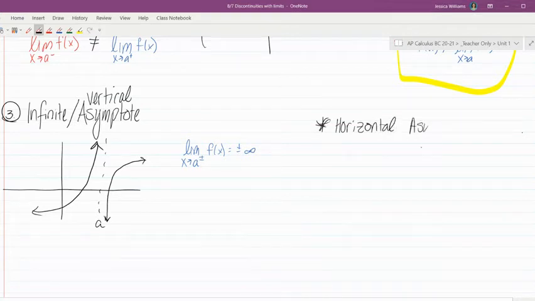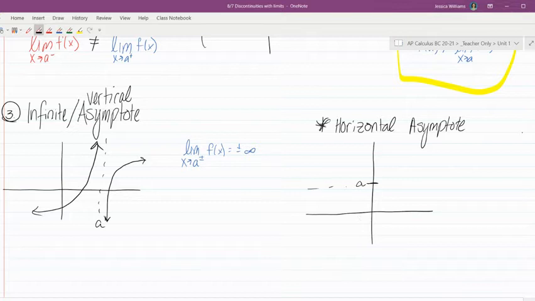Because I want to be thorough today, I'm also going to talk about a horizontal asymptote. Horizontal asymptotes are not discontinuities. I don't have to pick up my pencil when I'm drawing a squiggle wiggle that has a horizontal asymptote. And these are going to exist at y values, so I need to put a y equals a up there. So I have my squiggle wiggle coming in hot and then going forever that way. I didn't have to pick up my pencil to draw it, so this is not a discontinuity.